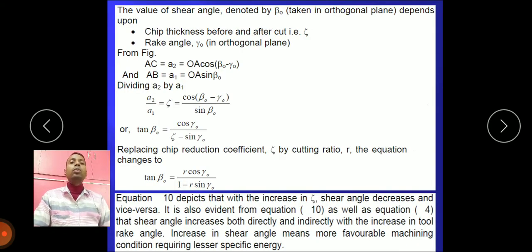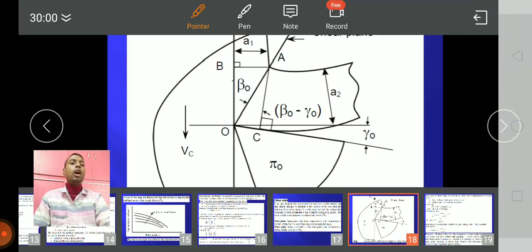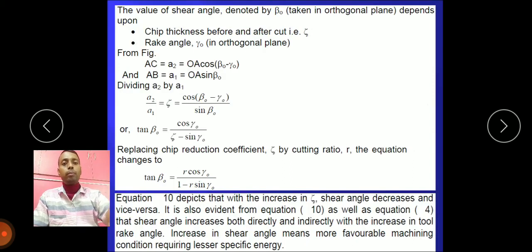So A1, A2, what is Xi? Xi equals cos(beta O minus gamma O) by sin beta O. It comes totally from this equation. This is beta O. If this is beta O, this is 90 degrees. Obviously, this angle equals beta O minus gamma O. This is gamma O. So from this equation, tan beta O equals cos gamma O by (xi minus sin gamma O).